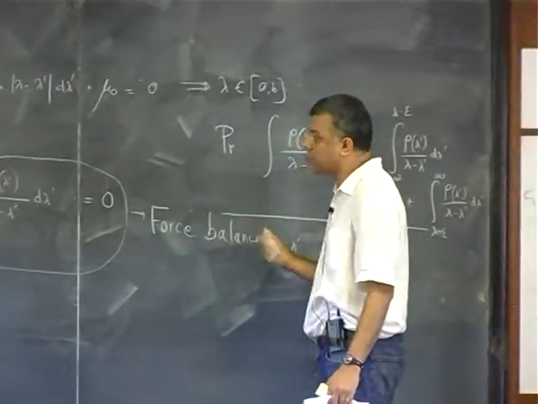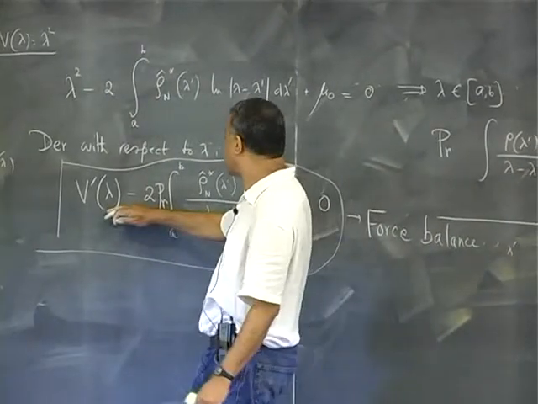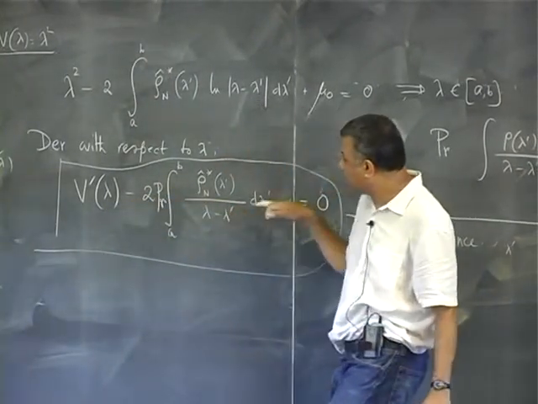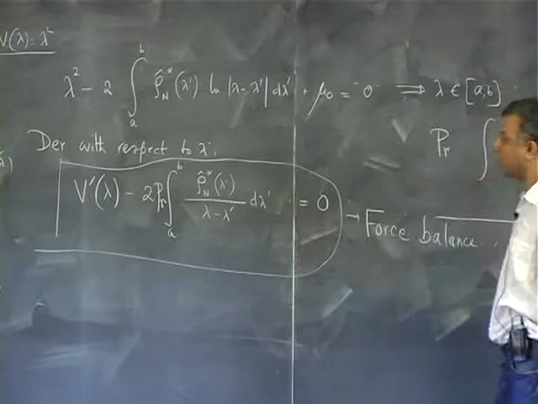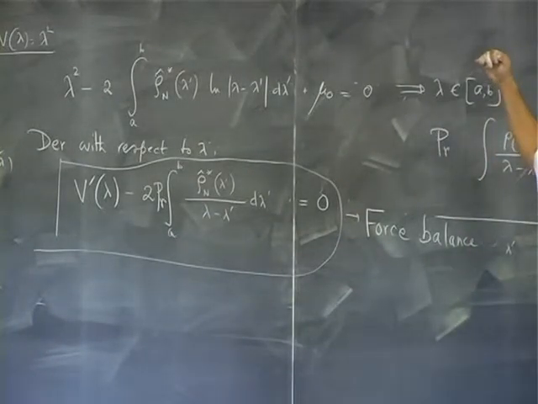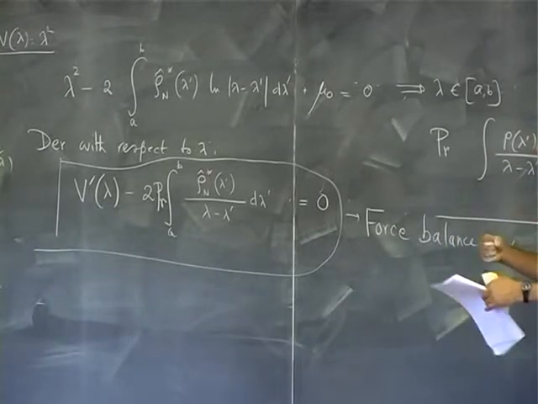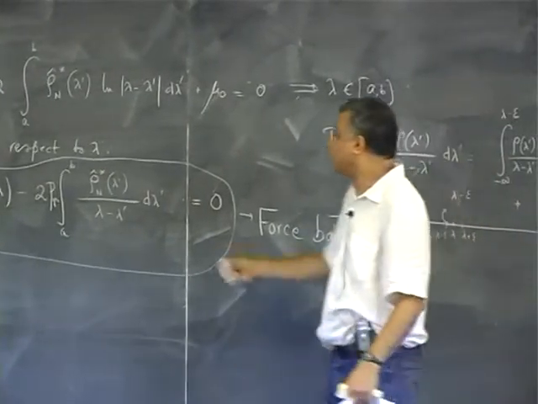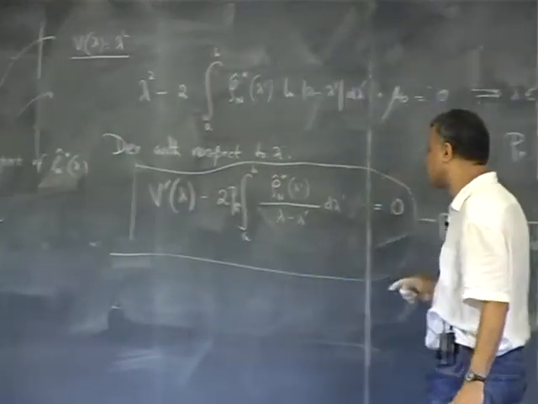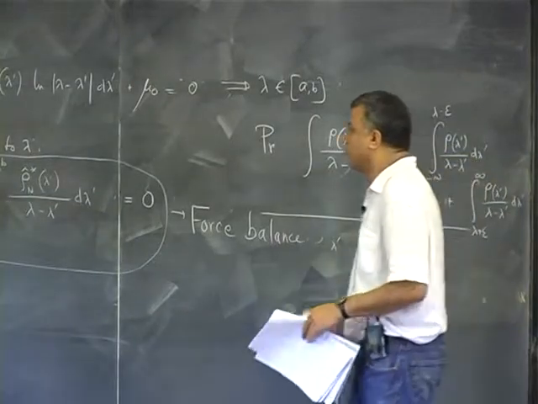V is the external potential, so this is the external force, and it is being balanced by the repulsive force from all the other charges. As I told you, the external potential is trying to drive the system towards the origin, and that force gets balanced by the repulsive force from the other charges. So this is the physical interpretation of the saddle point of this equation.